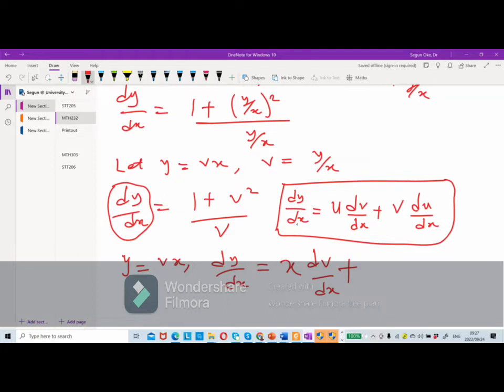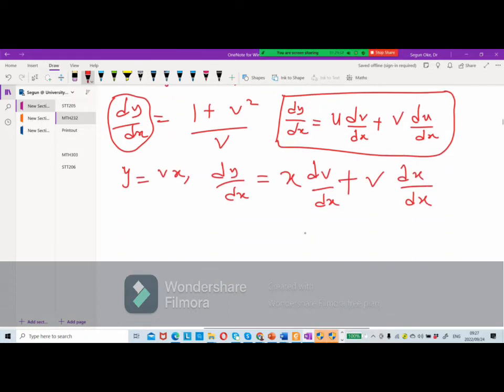I hold x constant and differentiate v. I will now hold v constant and differentiate the x. You and I know that dx over dx is 1. So at the end of the day, I'm going to have dy/dx equal to x dv/dx plus v, because when this one cancels, it will be 1, and 1 multiplied by v is v. So let me call this equation 1.